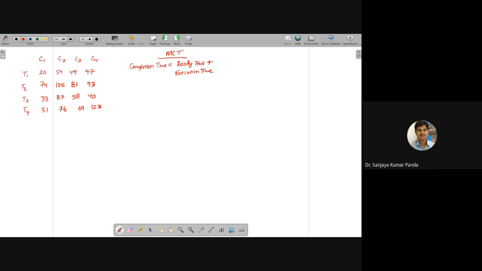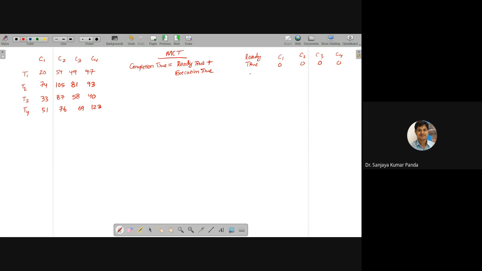Okay. So the ready time is not given here. So given a particular set of tasks, the ready time is not given to you. You consider the ready time as 0. So I consider the ready time of all the clouds C1, C2, C3, C4 as 0. Okay. Now coming to task T1.